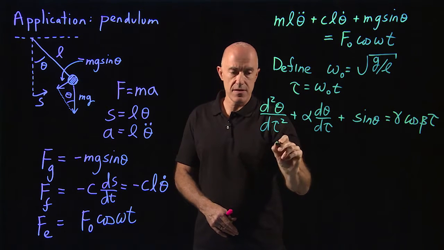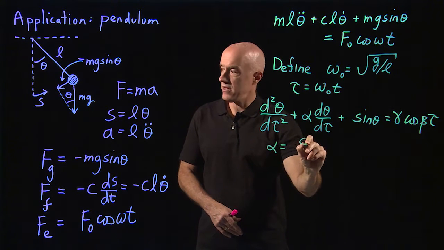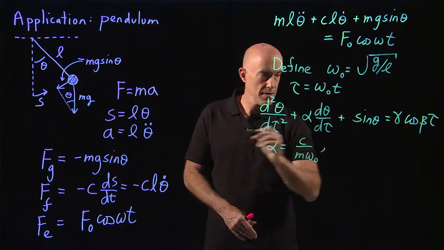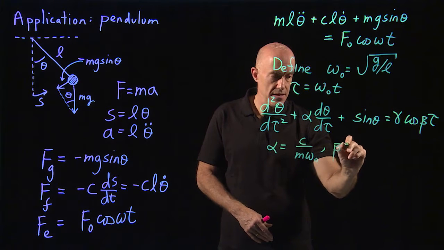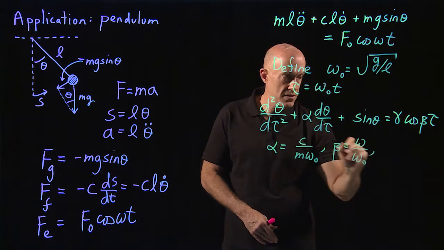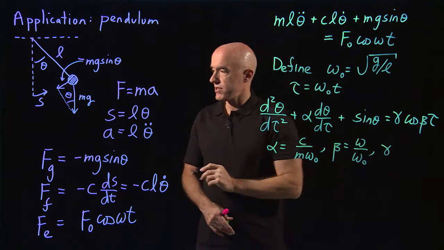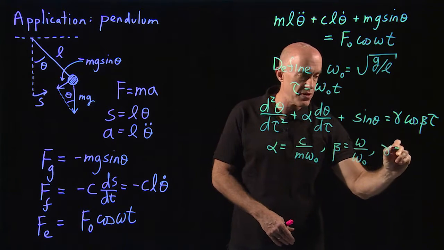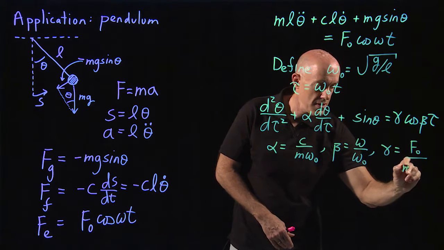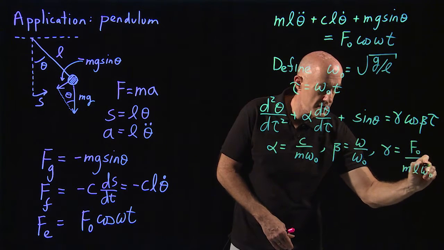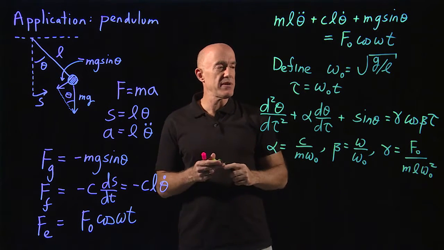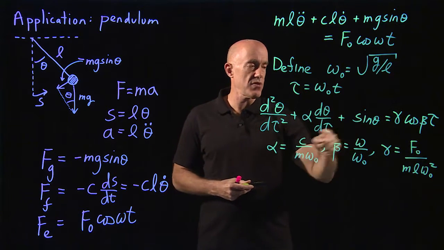We have alpha equals c over m omega naught. We have beta equals omega over omega naught. And then we have gamma, which is an additional non-dimensional parameter, equals F naught divided by m L omega naught squared. Okay? Three dimensionless parameters. And that's because we have a nonlinear equation.